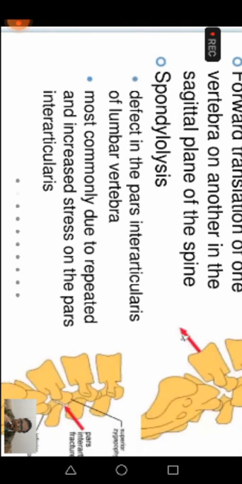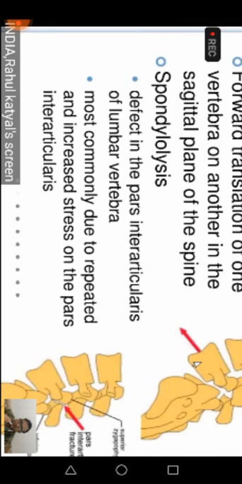With the arrow marked, they have shown that in this direction it has shifted. Usually it remains in line with the sacrum, but when the vertebra is shifted forward over the lower one, that is called spondylolisthesis.